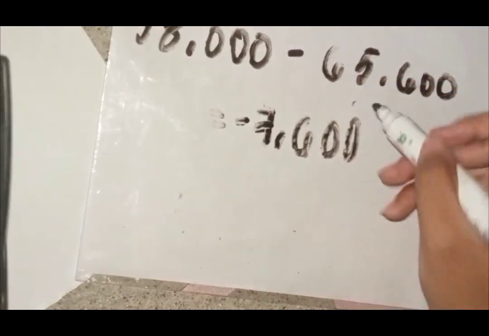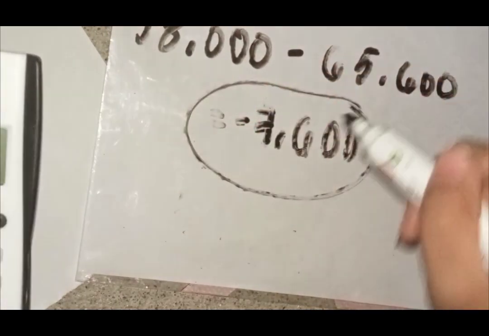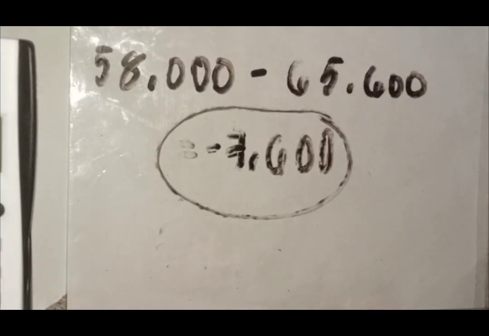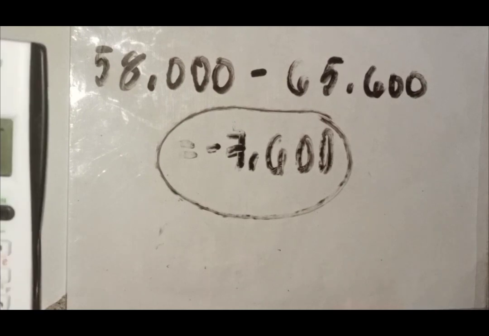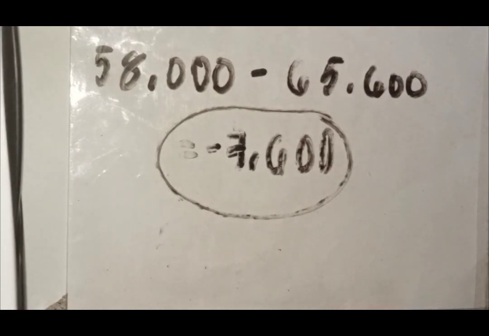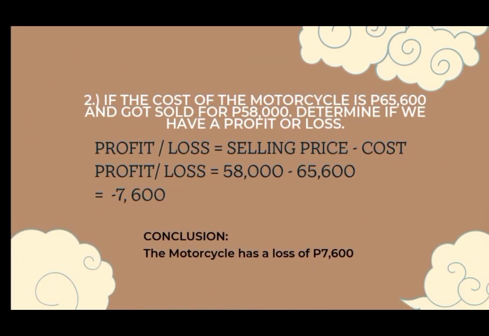Gaya sa note na nakalagay kanina sa unang PowerPoint, kapag negative ang lumabas sa ating total, meaning we have a loss. So let's see if our answer is correct. Okay, so the motorcycle has a loss of 7,600.